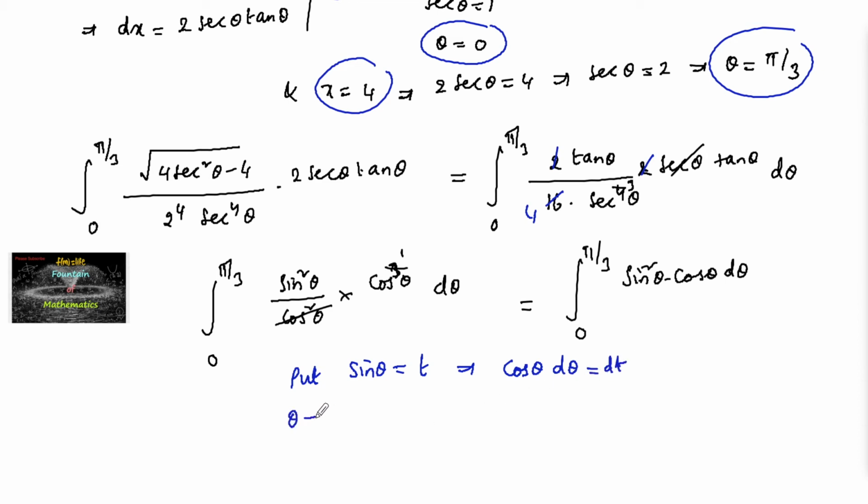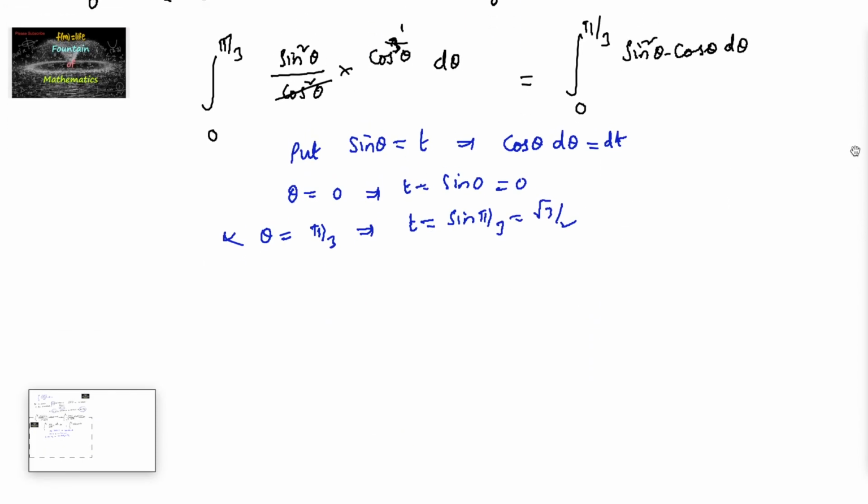Also when theta is equal to 0, t is equal to sin 0, which is 0, and when theta is equal to pi by 3, t is equal to sin pi by 3, that is sin 60, which is root 3 by 2. So our limits are changing from 0 to root 3 by 2. So our integral is 0 to root 3 by 2, sin square is nothing but t square, and cos theta d theta is dt.